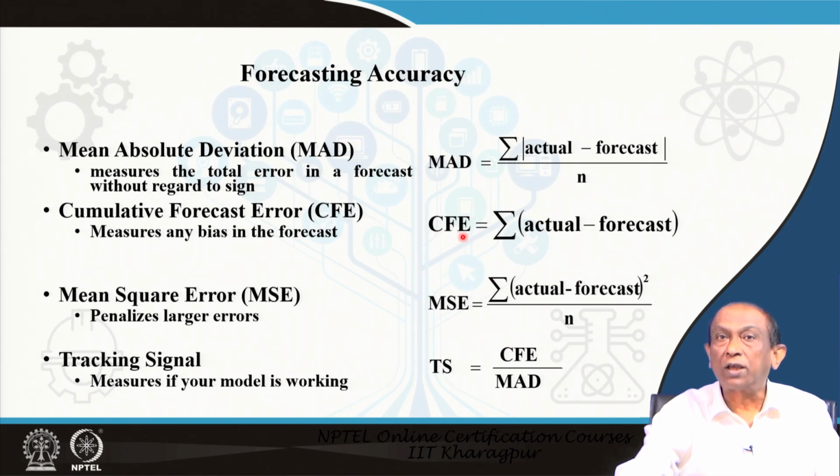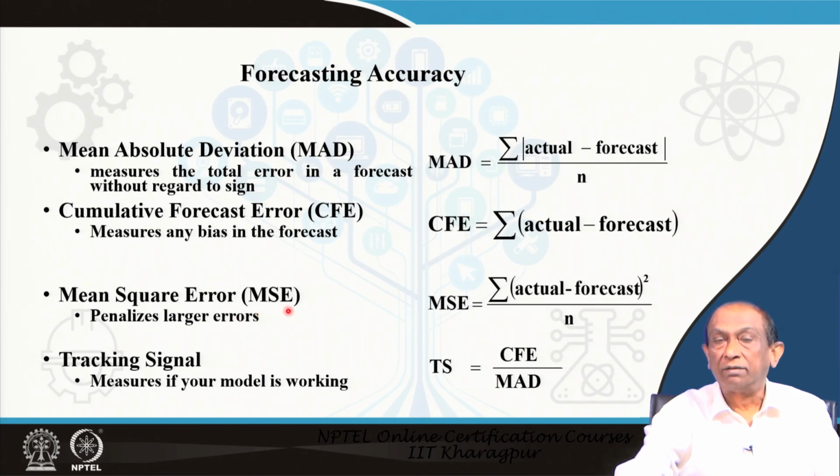So, cumulative forecast error is summation of the actual demand and the forecast demand over n periods. Here we are not taking absolute value. Whatever is the actual forecast error, we are summing it up over n periods, and that is why we are saying that it is a cumulative forecast error.